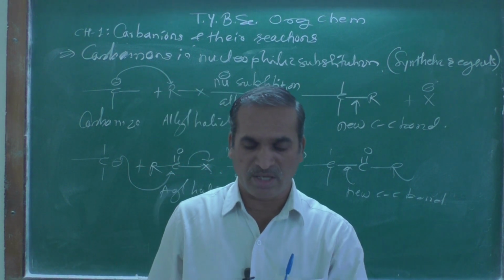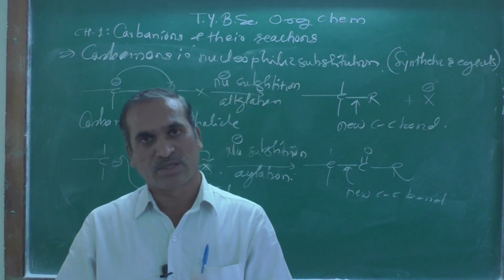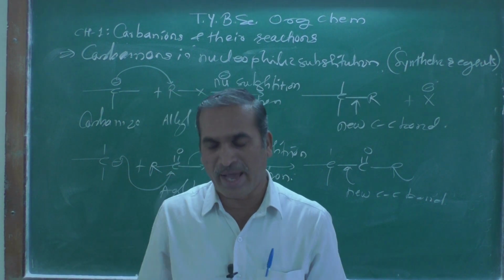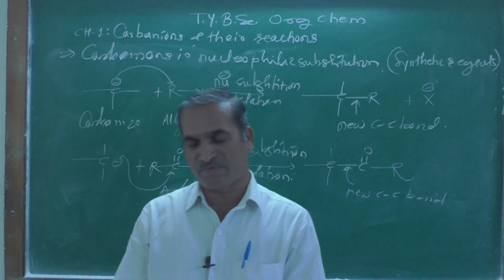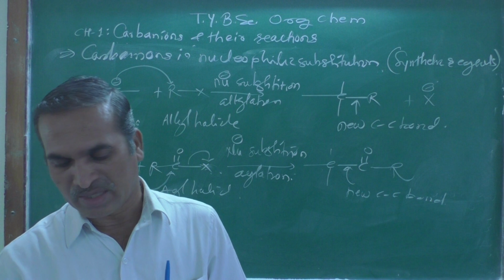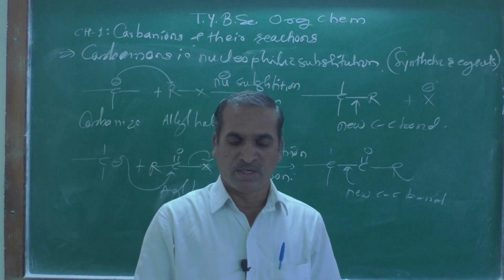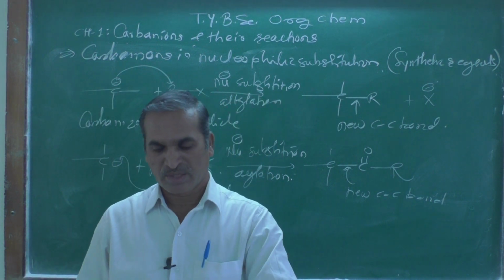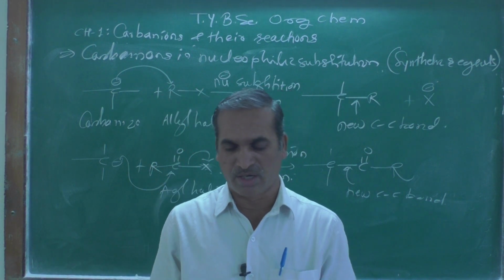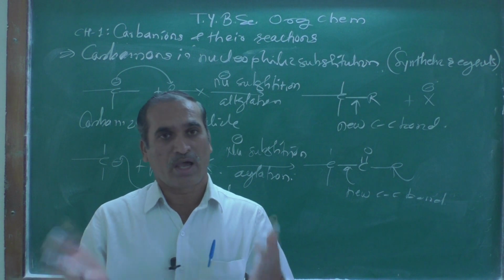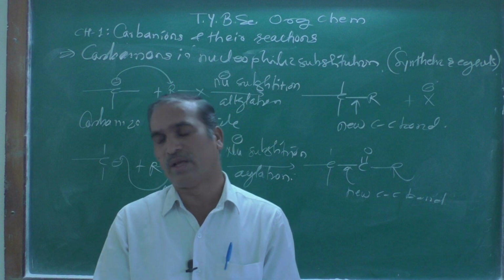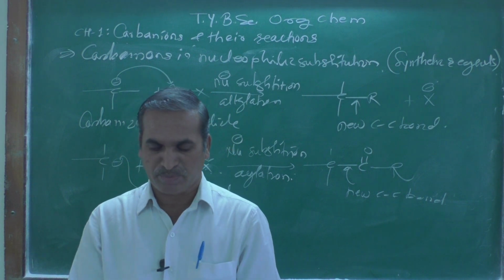That is malonic ester, diethyl malonate: the structure, how it is applied, what its applications are, and how we can use it from the synthetic point of view. First we are going to learn about malonic ester, its structure, how we can prepare it starting from what, and why there is a reactive methylene group, why it is called a reactive methylene group, and from where it is prepared.